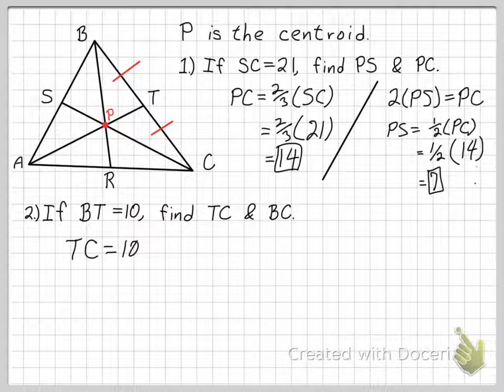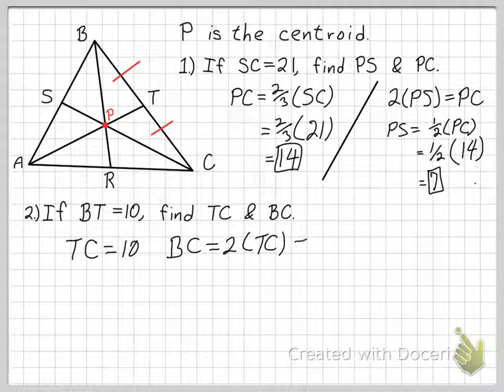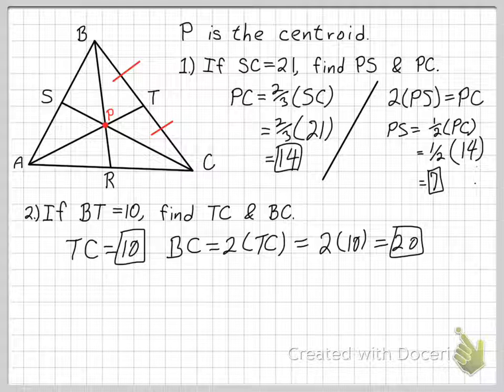And BC is equal to twice TC, so that's 2 times 10, which is 20. Okay, so we have TC equal to 10 and BC equal to 20.